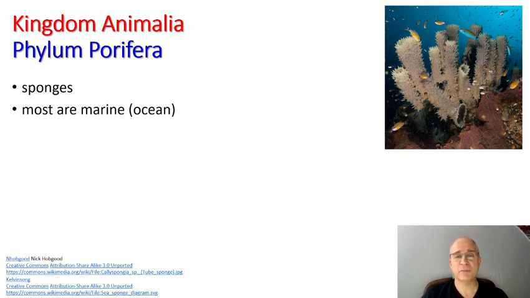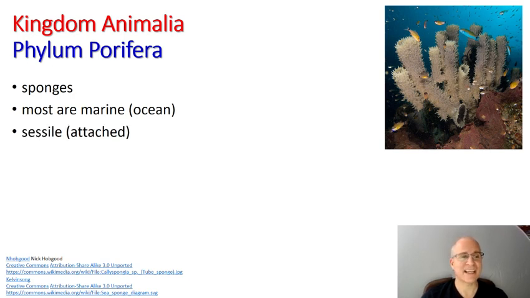There are a few species of freshwater sponges, and interestingly, zebra mussels and quagga mussels, which were introduced into the Great Lakes system, are non-natives and generally considered invasive and bad. But one good thing is that these animals have taken so much stuff out of the water that in some areas the water has been so clean that some freshwater sponges have been seen growing. So kind of interesting stuff.